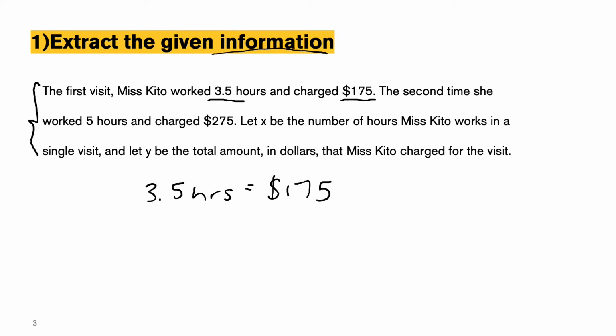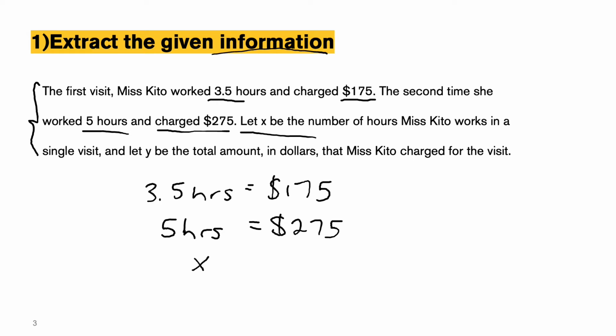And then the second time she worked 5 hours and then charged $275. So then we have 5 hours is equal to $275. And then they also tell us that they want X to be the number of hours and then Y to be the cost in money.